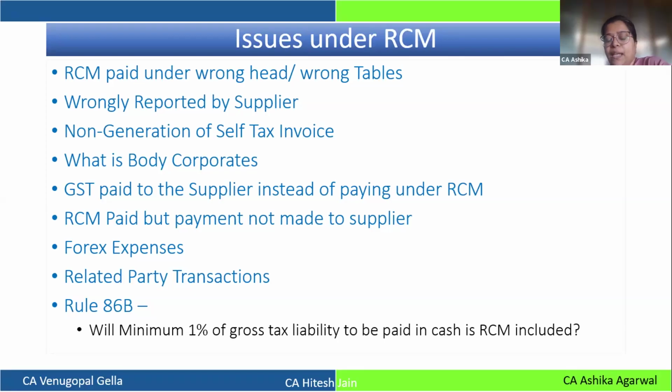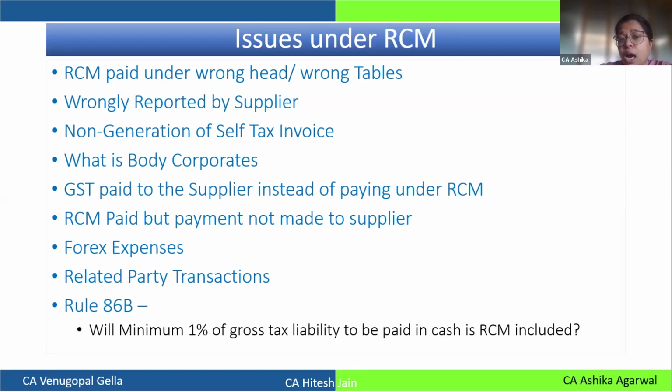Another thing to be noted is that multiple times while discussing the various services, we use the word body corporate: other than body corporate, the recipient should be this and that. Now, the term body corporate is specifically defined under GST, and it is specifically defined for RCM. Normally, for body corporate we need to refer to the Companies Act.